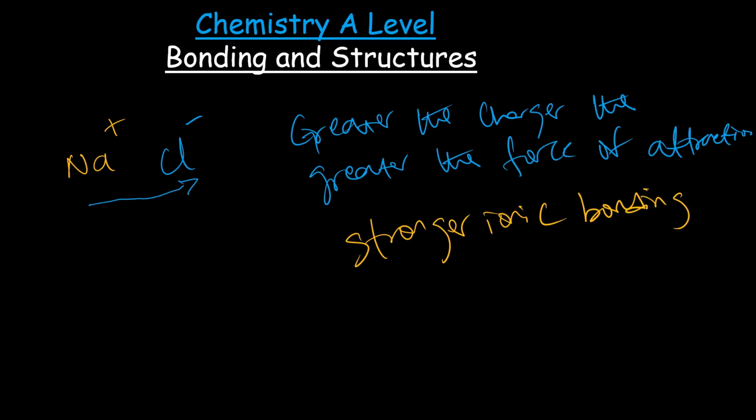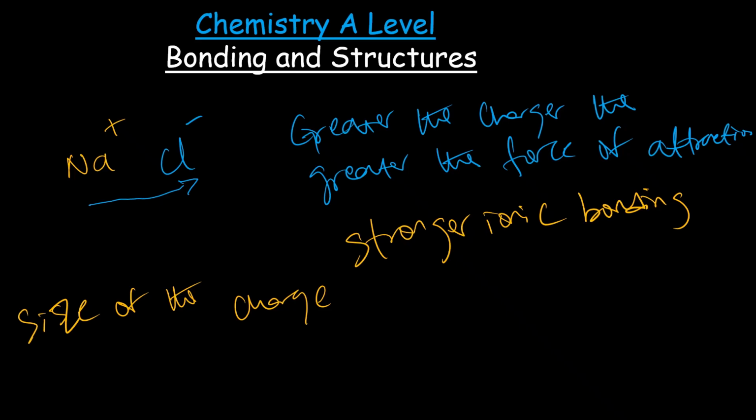Also, there's another factor that affects the force of attraction, and that is the ionic size. If the size of the ion is greater, that will lead to a weaker force of attraction.